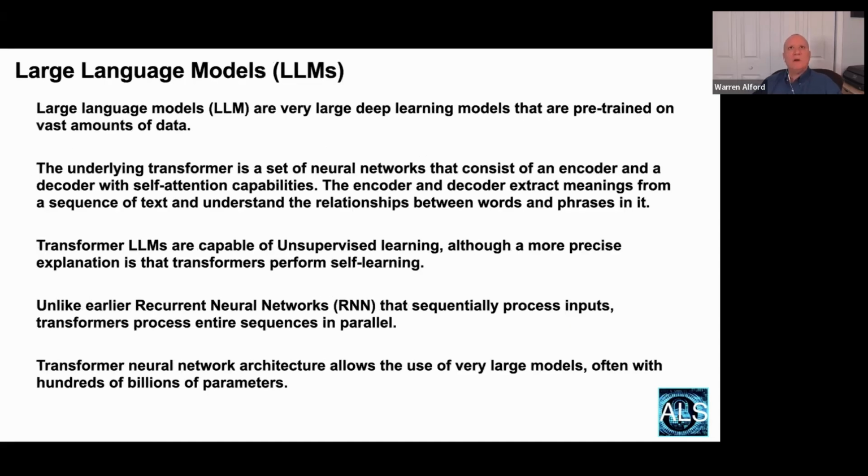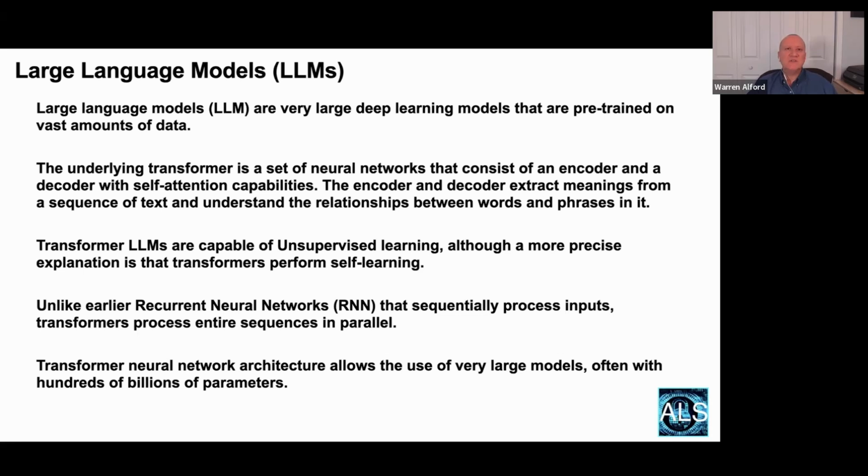Large language models are the very large deep learning models. And these are the models that take a huge amount of information, and they pre-train the model. So this is done during the development of the AI software itself. The underlying transformer is a set of neural networks, and we'll talk about what those neural networks are.